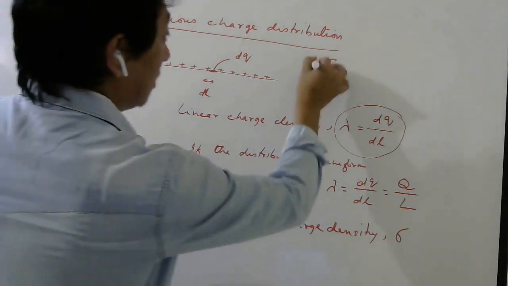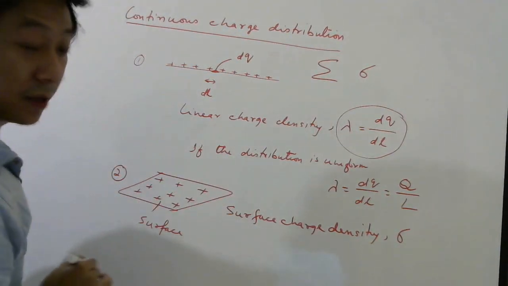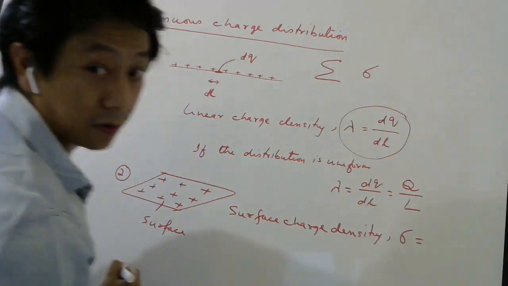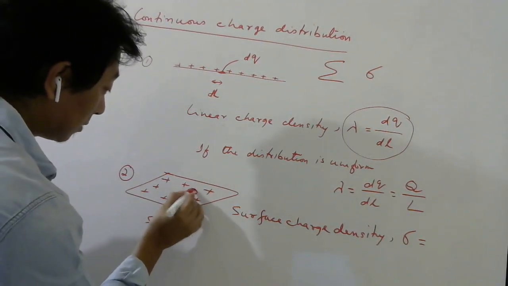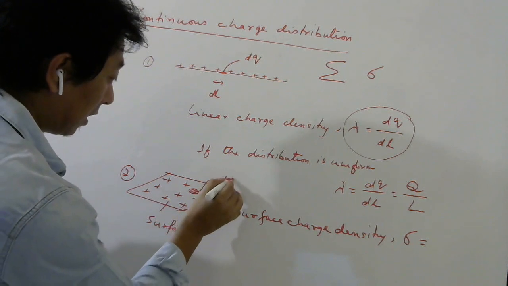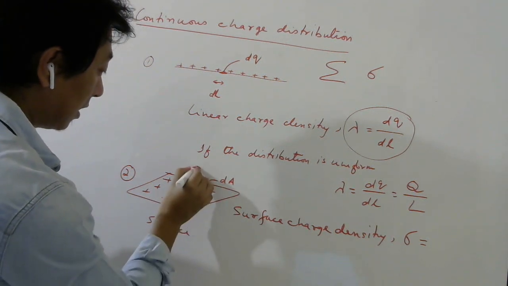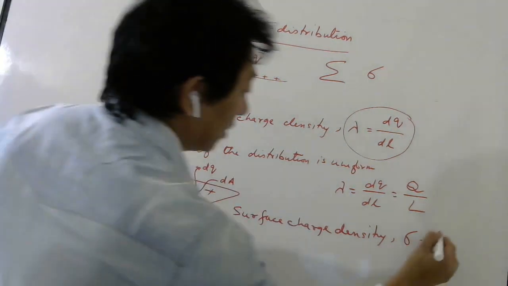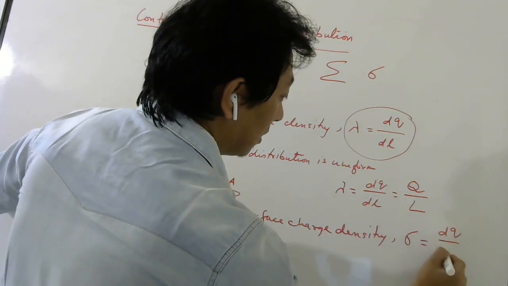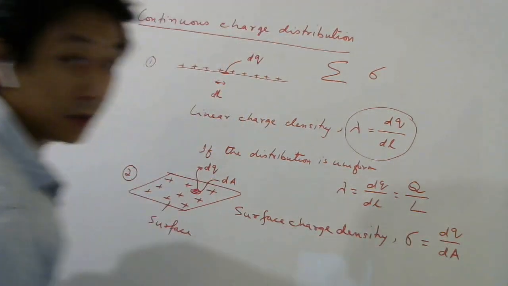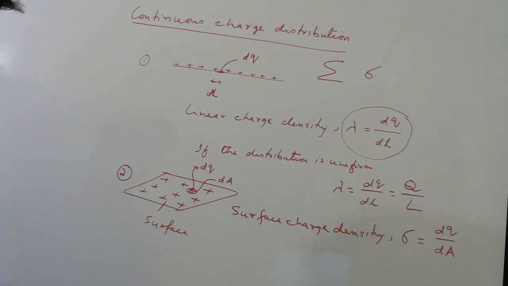So this is capital sigma, this is small sigma. So small sigma is equal to, how do you define? Take a small area, dA, and whatever charge this area has, dq, you divide. So it's dq by dA. So it is charge per unit area.